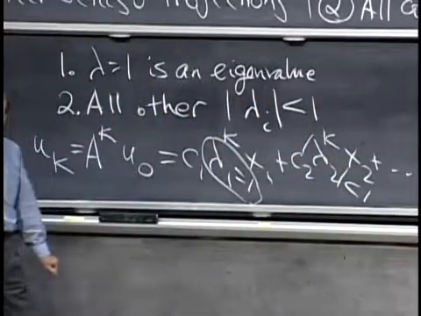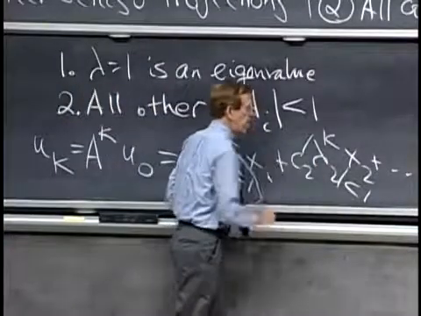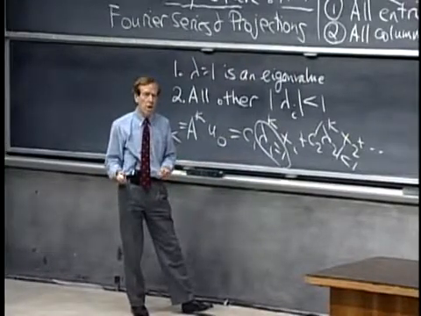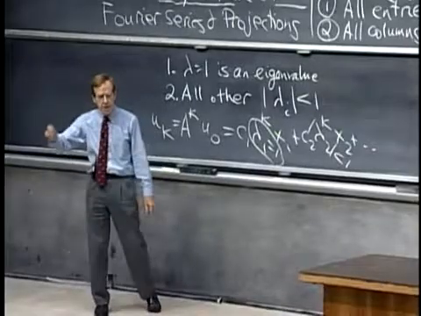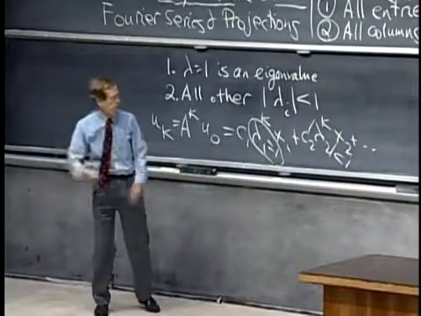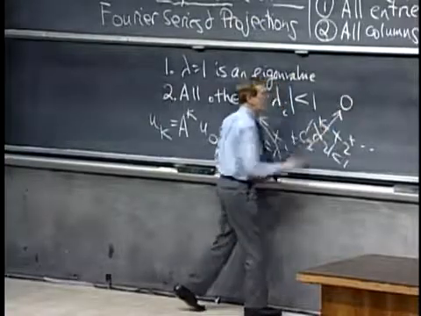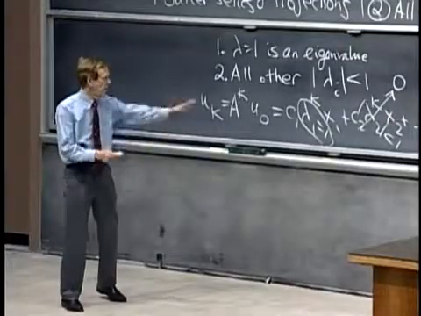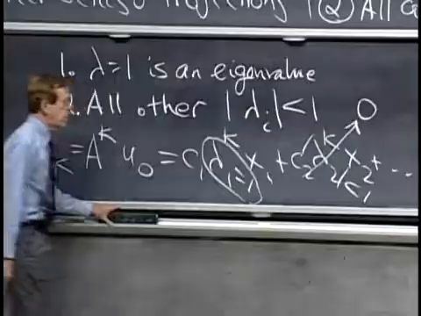So I've sort of scratched over the equation, but what happens to that term if the lambda is smaller than 1? Then as we take powers, as we iterate, as we go forward in time, this goes to 0. That term and all the other terms are going to 0 because all the other eigenvalues are smaller than 1.